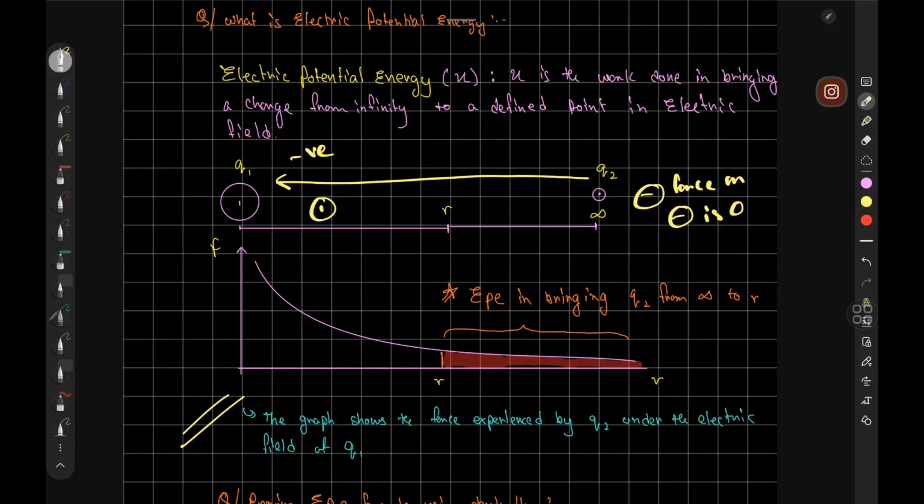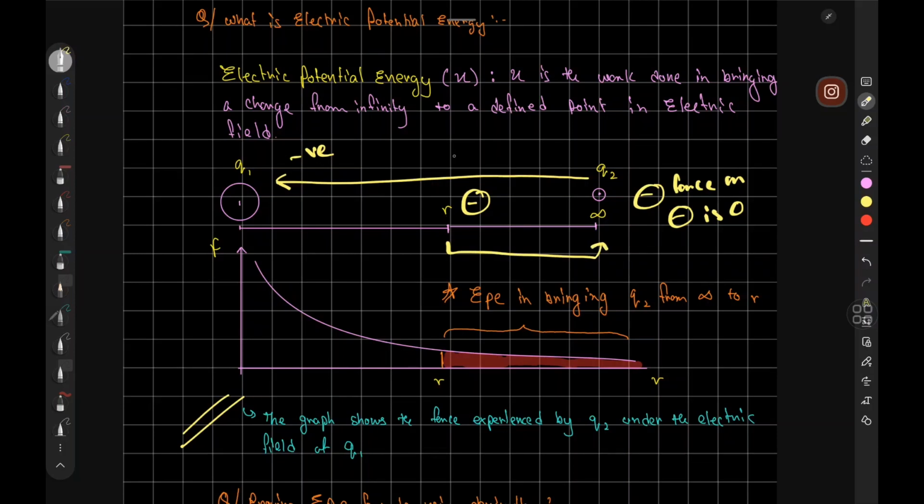q2 is placed over here. Now imagine you have to move q2 from this point to infinity. So we are going in reverse right now. We are moving the charge from point A, let's say, let's take it to R. So let's say from R we are moving it to infinity.